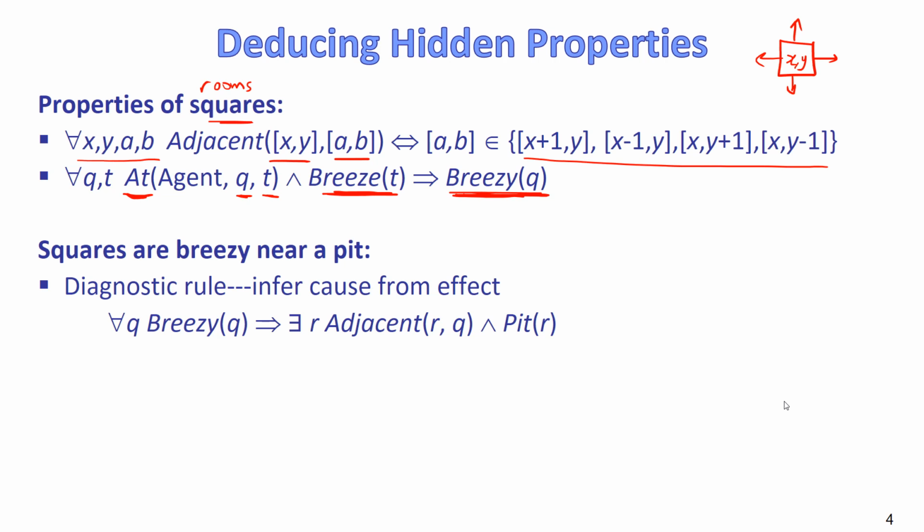So the idea here is that if one of the rooms is breezy, then that means that the pit is somewhere around. How can we say that the room is breezy? Using Breezy(Q). That's what we defined here. How can we say that there is a pit somewhere around? We can use two predicates here.